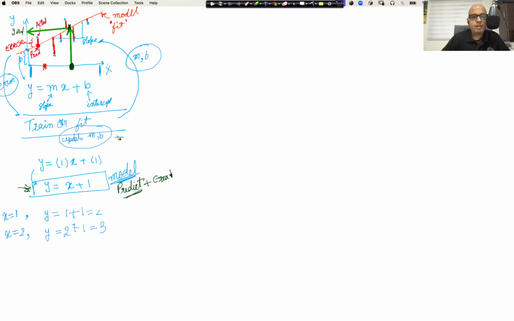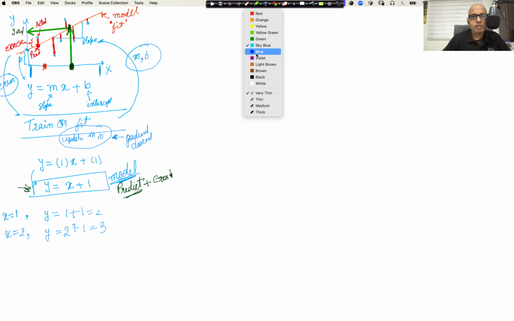We update these values by either adding or removing small values from the existing current values of m and b. And that's where gradient descent comes in, which helps us to find how much we should subtract or add to the existing value, and what direction the values of m and b should go.